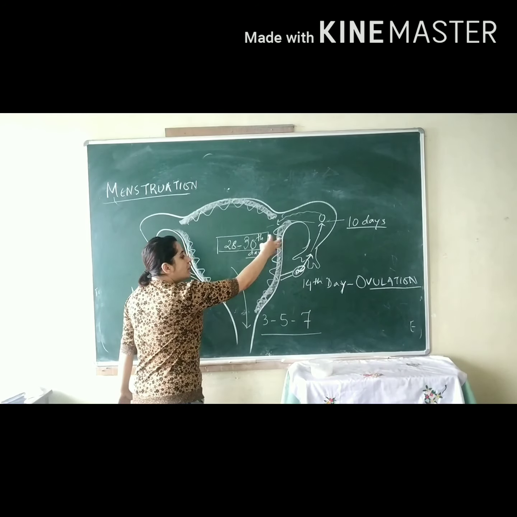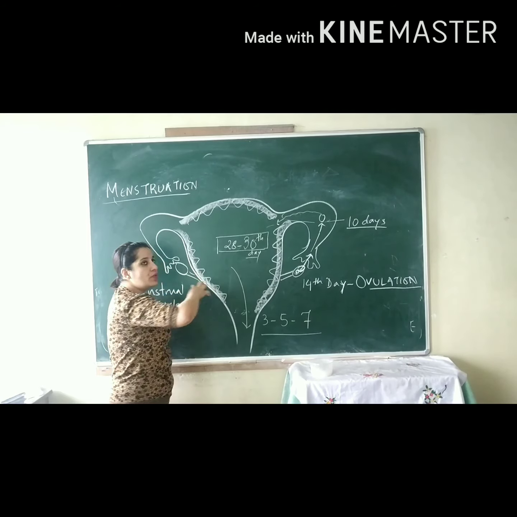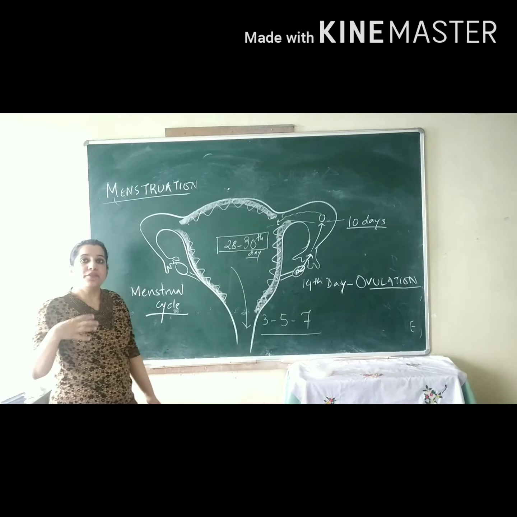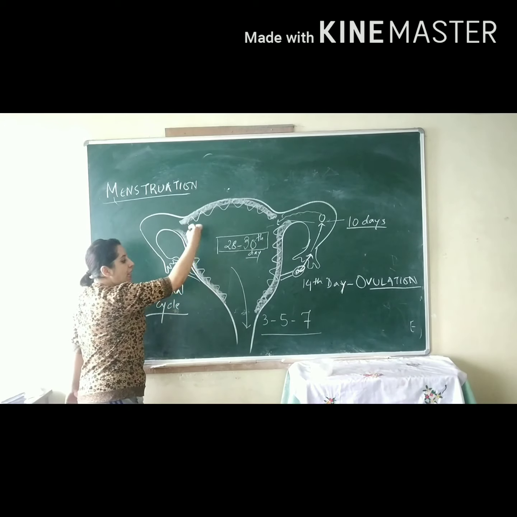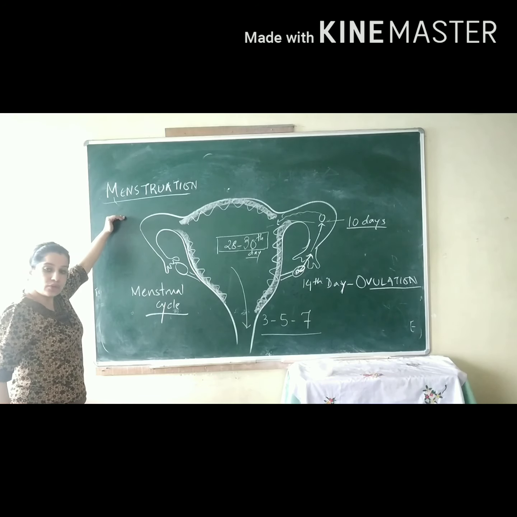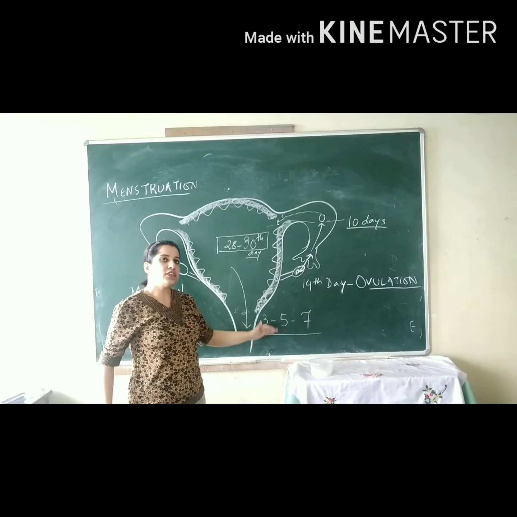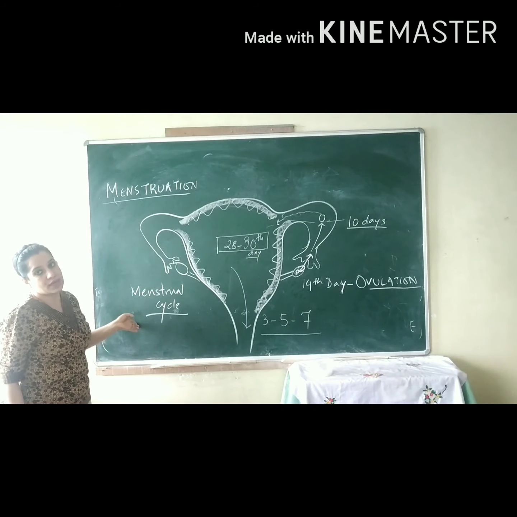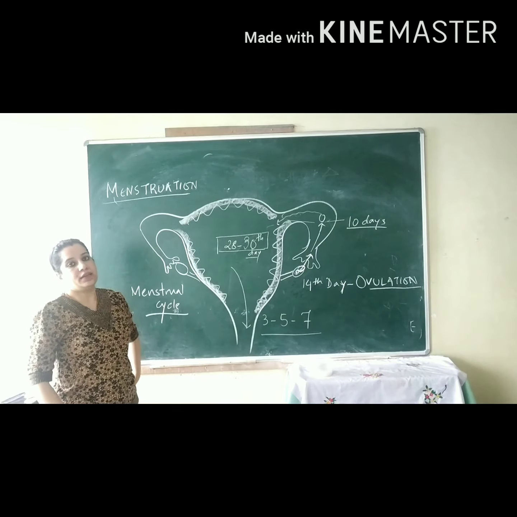So now, since no fertilization took place, the uterine wall disintegrates. The blood vessels also disintegrate and it is released as blood through the vagina. The process being known as menstruation. It lasts between 3 to 7 days and this whole cycle is known as the menstrual cycle.